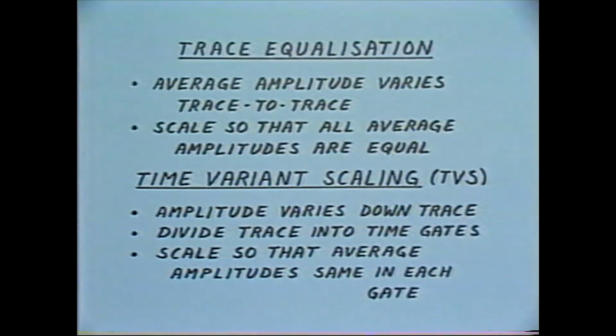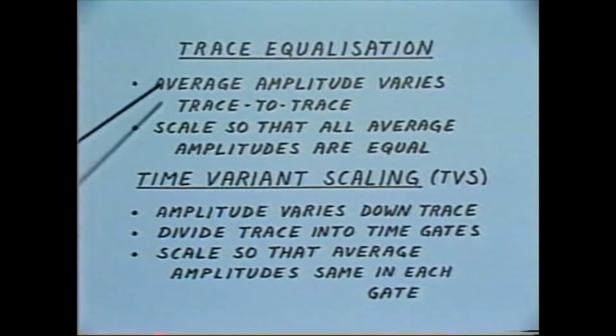Now, sometimes the true amplitude recovery correction doesn't handle all the kinds of amplitude variations that we see on the seismic traces. So possibly either trace equalization or time variant scaling may be needed. If the traces show overall amplitude variations from trace to trace along the seismic line or across a record, we can apply trace equalization.